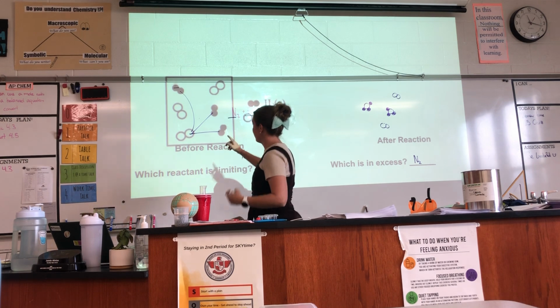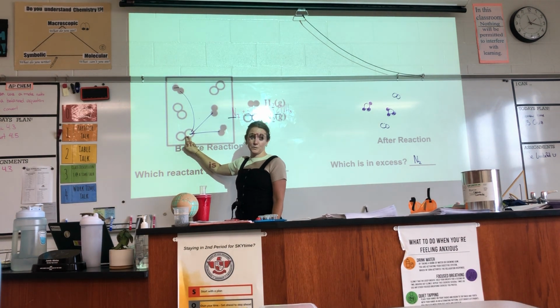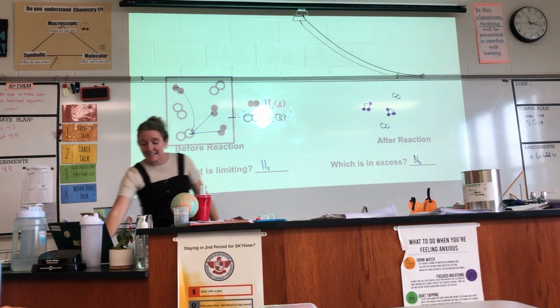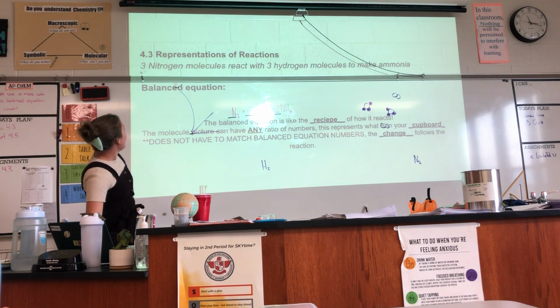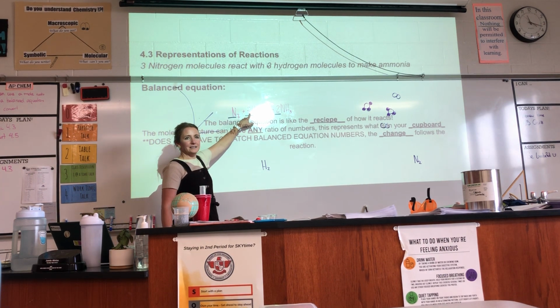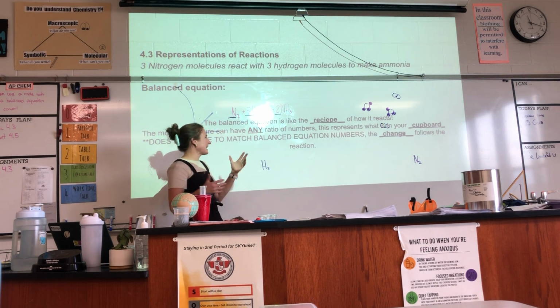When they drew their before picture for their balanced equation, they didn't make them diatomic if they are diatomic. The second thing is mixing up the sentence with the equation. They would say, oh, 3 and 3, and so they put 3 and 3 as their balanced equation, which is never going to work out to be balanced.